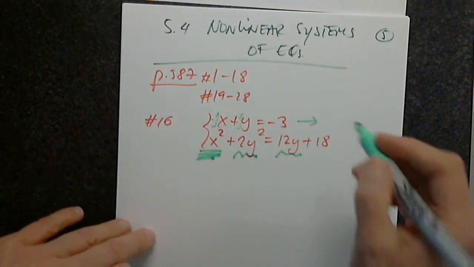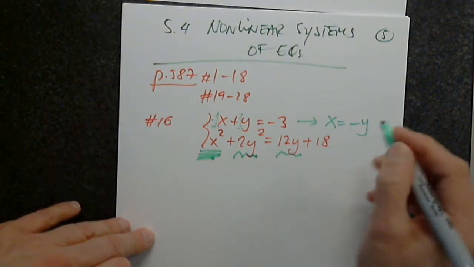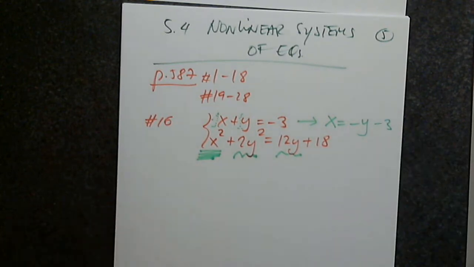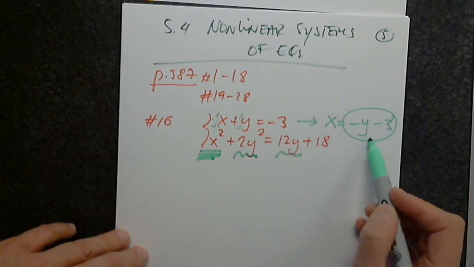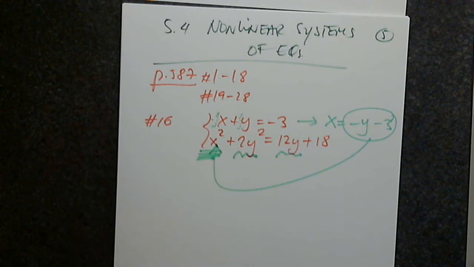Right. Excellent. So I will solve for x, and I write x equals -y minus 3. Because there is only one spot in which I need to replace x by -y minus 3. If I go the other way around, then I would have to replace it here and here. Is it wrong? No. It's just more work if we do that.